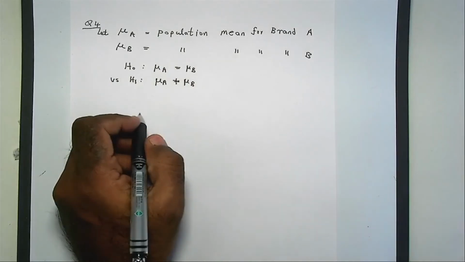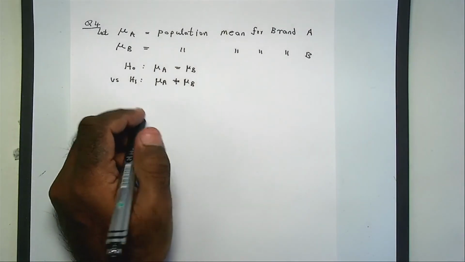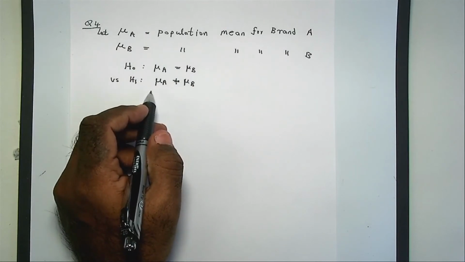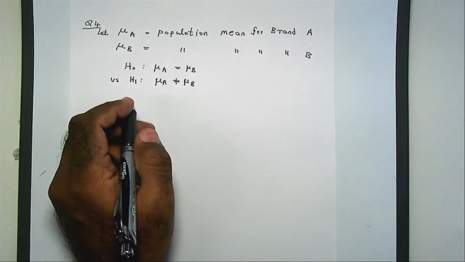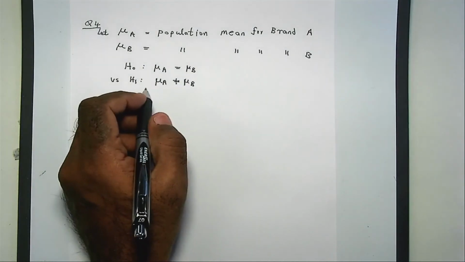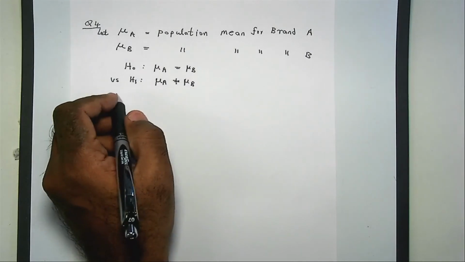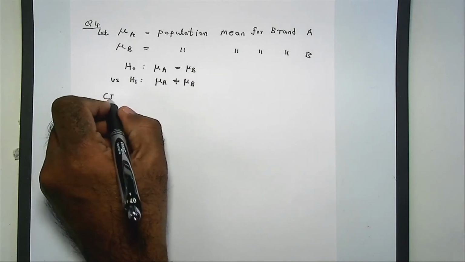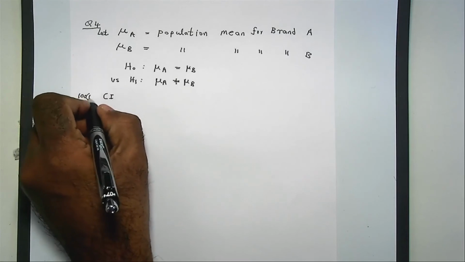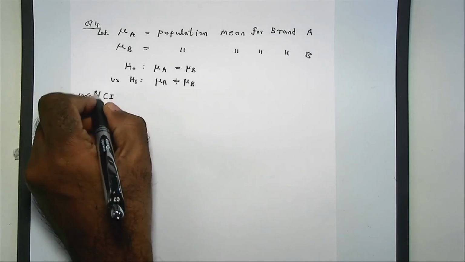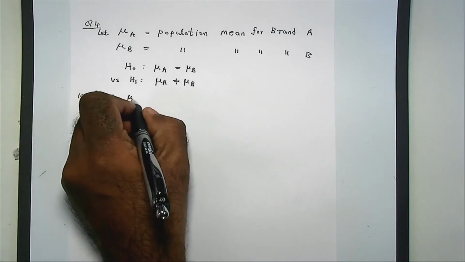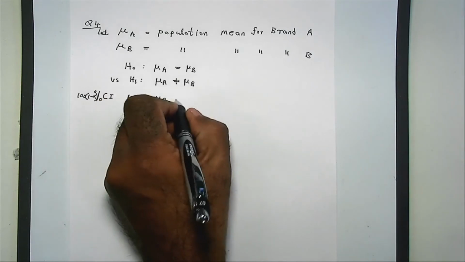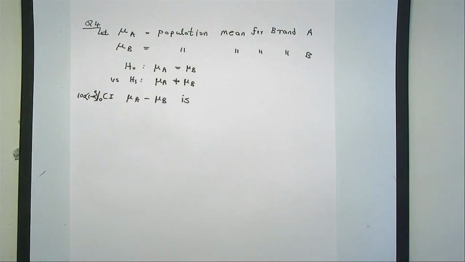Now, if you guys looked at my video on two sample confidence interval, you will see that the 100 times 1 minus alpha percent confidence interval for the difference in the 2 population means is given by the following.